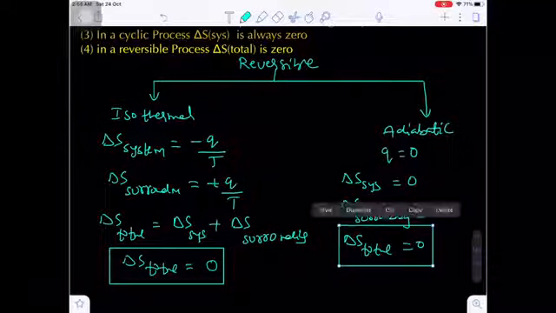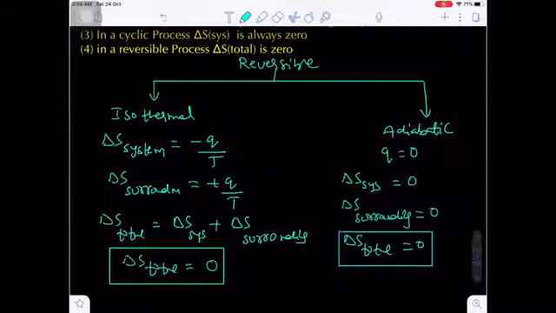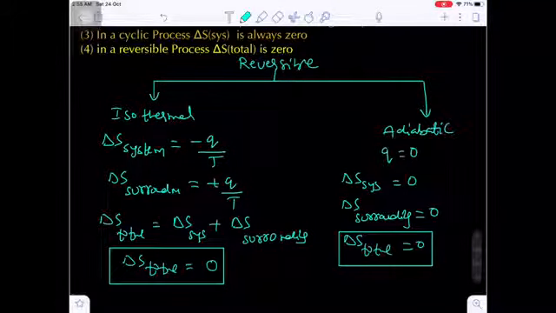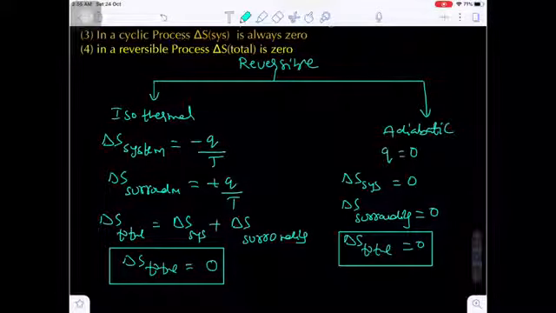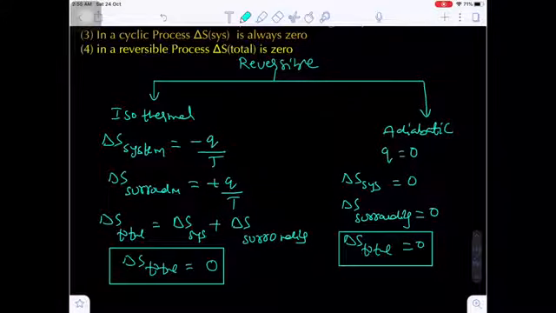Are you getting my point? So in both the cases, if you carefully observe, the total change in entropy will become 0. But in isothermal reversible process, delta S system is minus Q by T, surroundings plus Q by T, or vice versa. But in adiabatic, delta S system 0, delta S surrounding 0, and total 0.